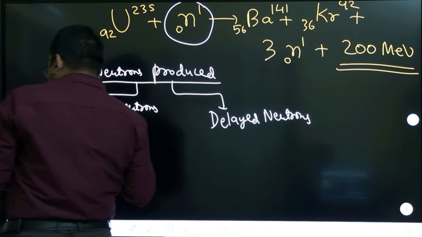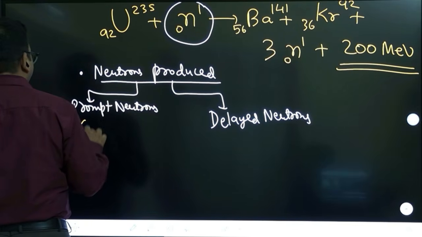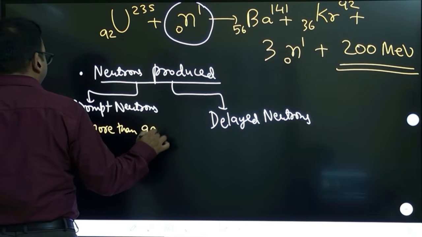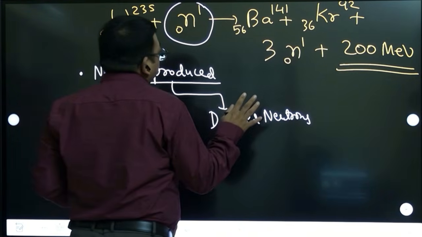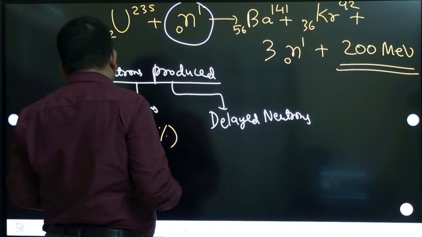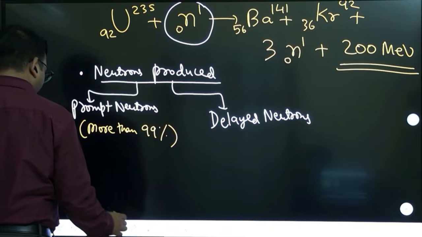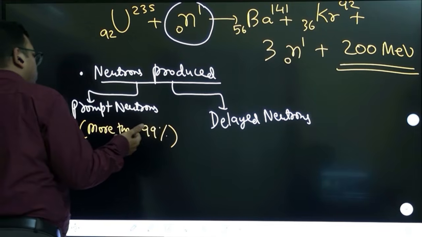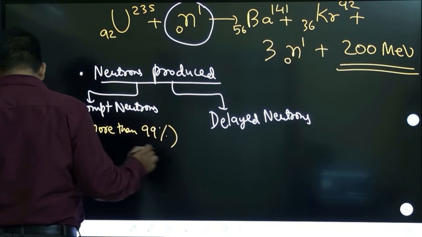More than 99% of the neutrons produced in this fission process are prompt. So of these three neutrons which are produced, 99% are prompt, meaning fast moving. Prompt means fast, or you can say they are immediately produced. Delayed means they take some time to come out.